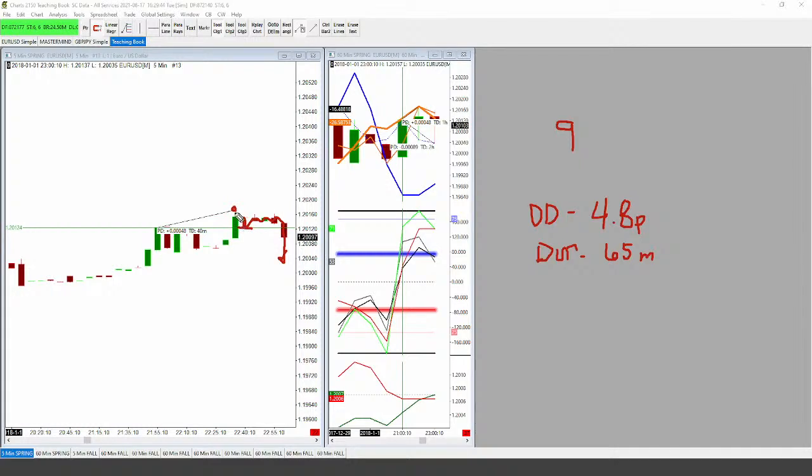Because after this point, it never went any more against us. Okay? And we just want to see how long it takes to draw down and then start returning back to profitable. So the first point in which it comes back to break even is where we say, okay, right there is our duration. So even if it doesn't continue into profit after that, we just want to make sure that after this point, when did it come back to our starting line, if at all?